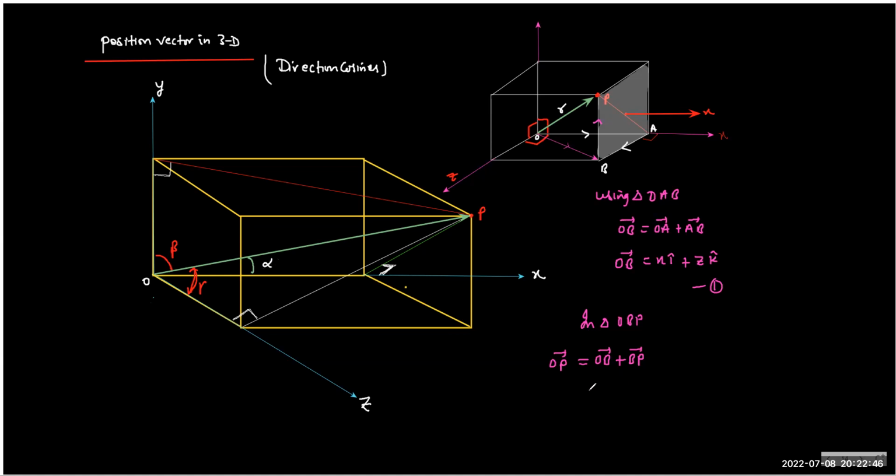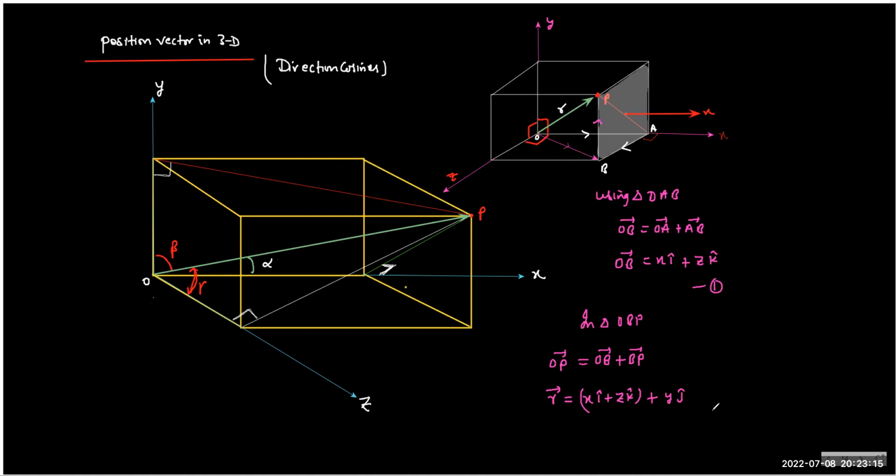We are using the triangle law again and again. So we are done. R is how much? What is OB, by the way? x i plus z k. What is BP? BP is parallel to the y-axis. And what is the length of BP? y. You can check.